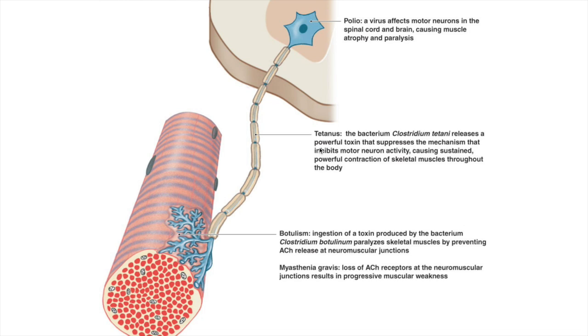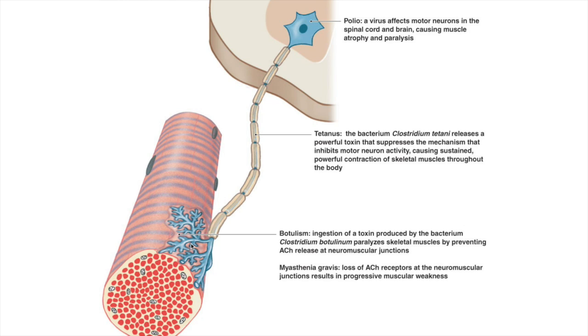It causes sustained, powerful contractions throughout the body, also known as lockjaw. So if your muscles can't stop contracting, like the muscles that control your breathing, you need them to stop and relax so you can breathe in and out. But that's a pretty fatal disease.